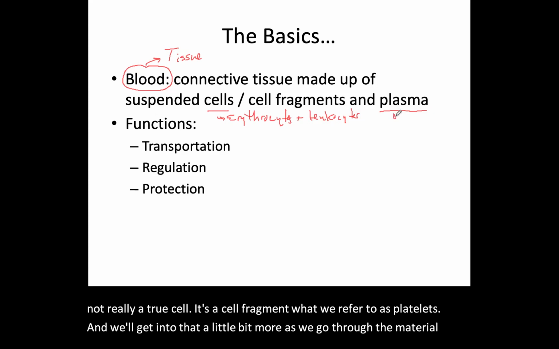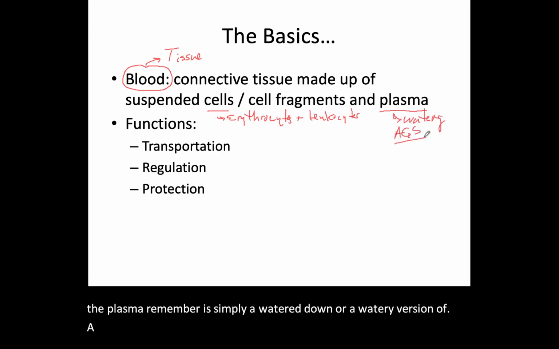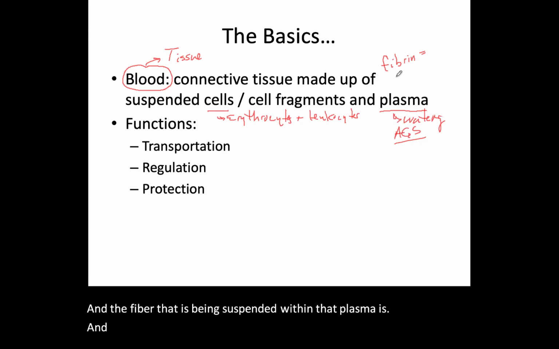The plasma, remember, is simply a watered down or a watery version of amorphous ground substance. And the fiber that is being suspended within that plasma is fibrin. And remember that it is stored as fibrinogen.